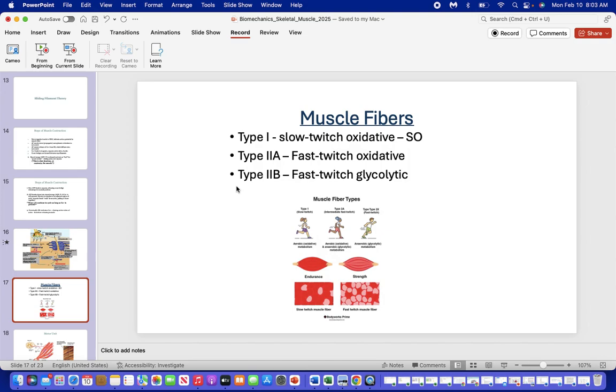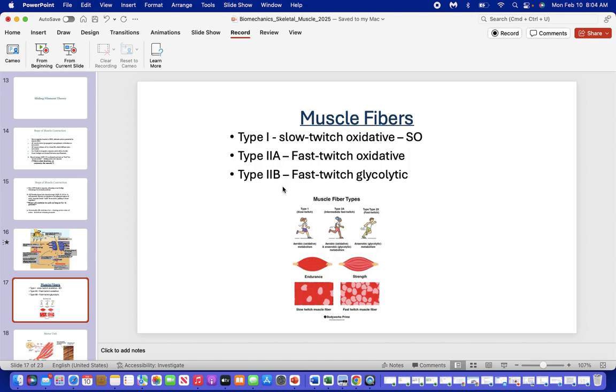So, for example, shoulder muscles used for throwing, leg muscles used for jumping. They're prevalent in sports like football, basketball, or tennis, where quick bursts of activity are needed with recovery between bursts.